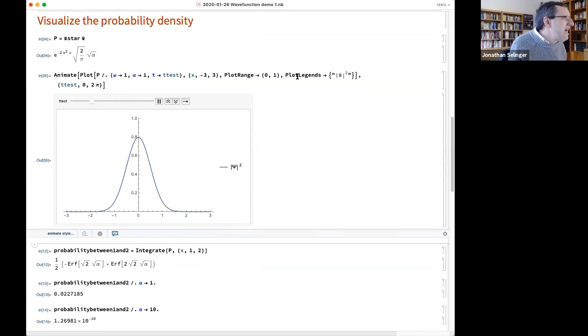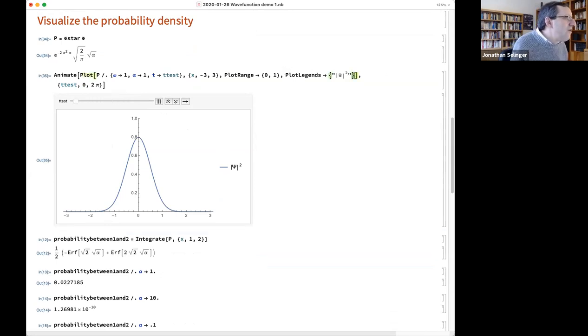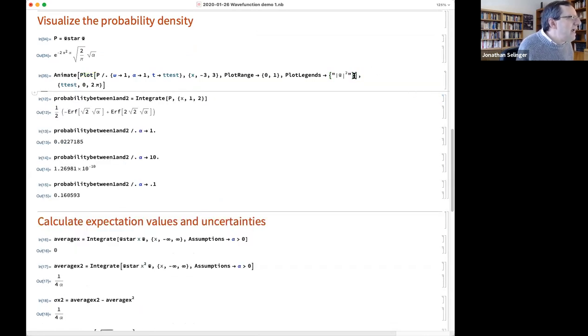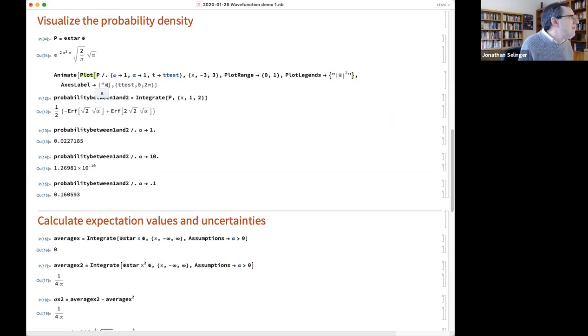Maybe I should label the axes on this one also. Okay, so I'll say axes label, go to x and p.